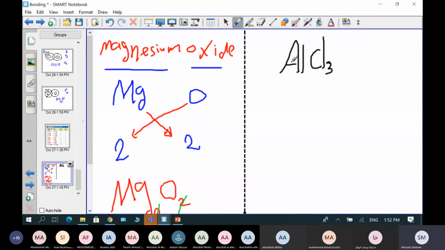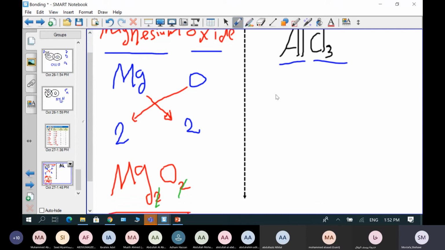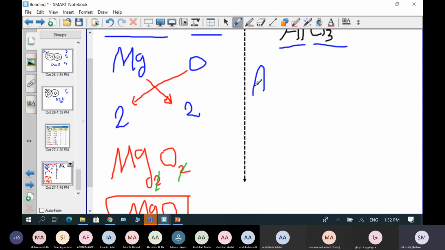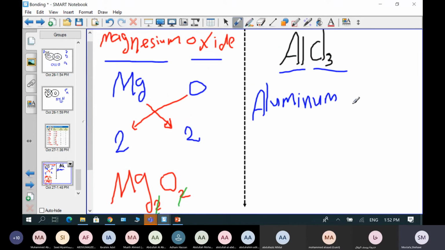We always start with the positive ion. Previously I told you that when we write the formula or even the name, we start with the positive part. So this is aluminum, the positive ion or cation, so we write aluminum here. And this is chlorine, so I will name it as a negative ion, not as an atom. We change the name from chlorine to chloride.